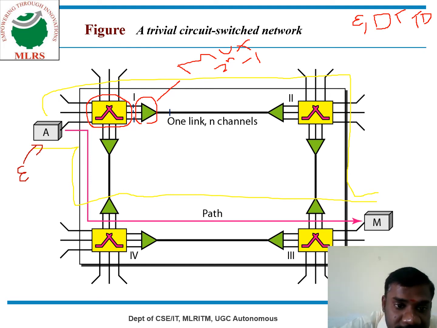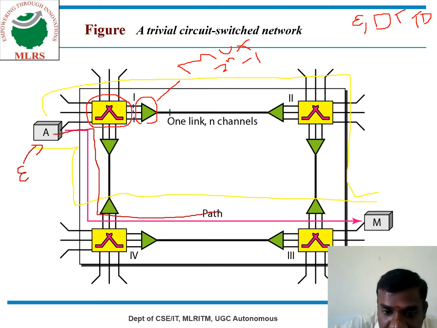Now A is sending the request to switch 1. Switch 1 redirects the signal to switch 4. Assume it is sent to switch 4. Now switch 4 redirects the signal to switch 3.